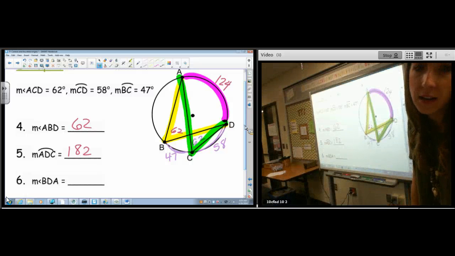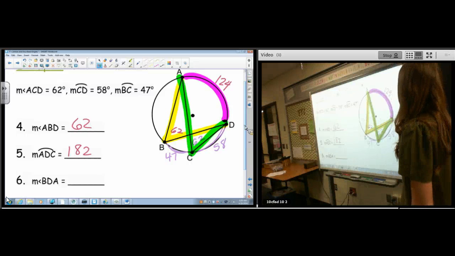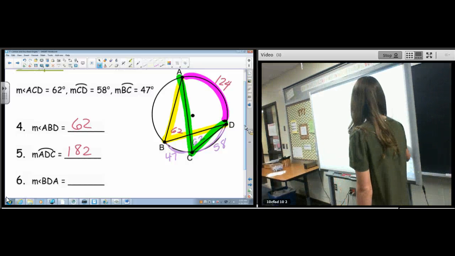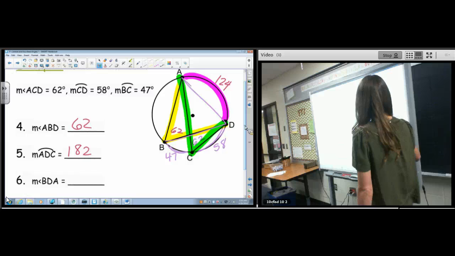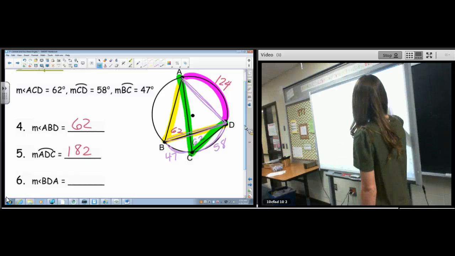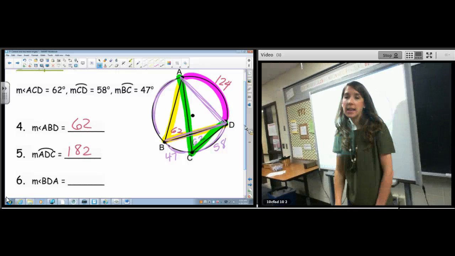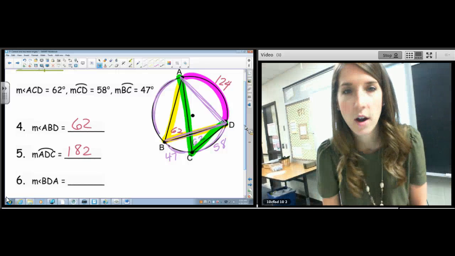And now we need BDA, angle BDA. An inscribed angle is half of its arc.